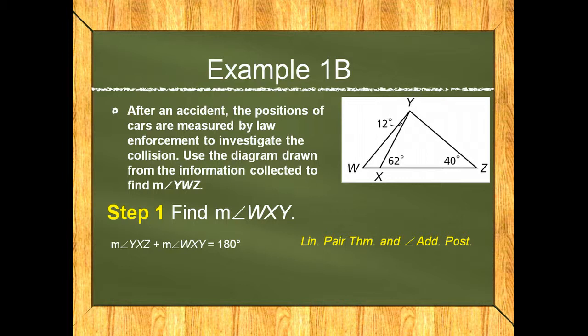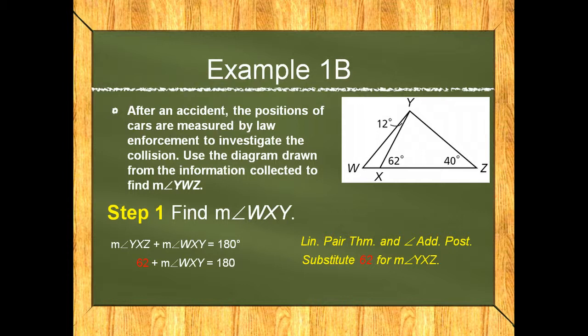We know that the measure of YXZ and WXY will equal 180 degrees because of the linear pair theorem and angle addition postulate. We know that those two angles make a straight line. Then we can substitute in 62 degrees for angle YXZ, and we add that to WXY.